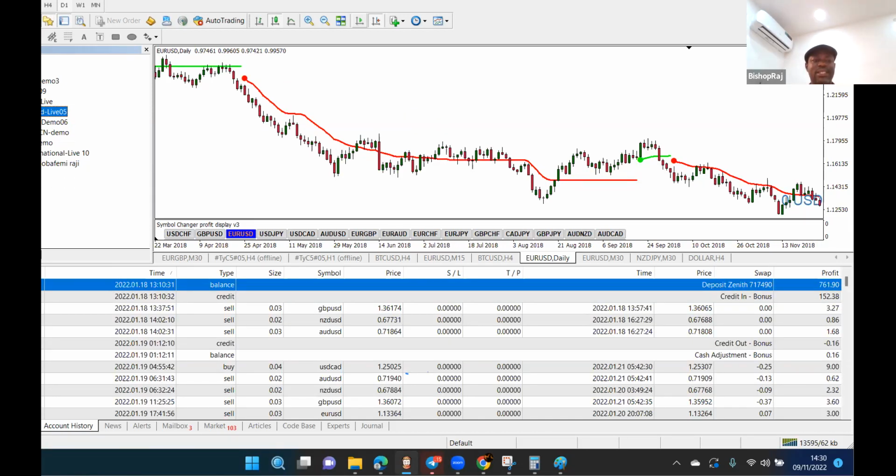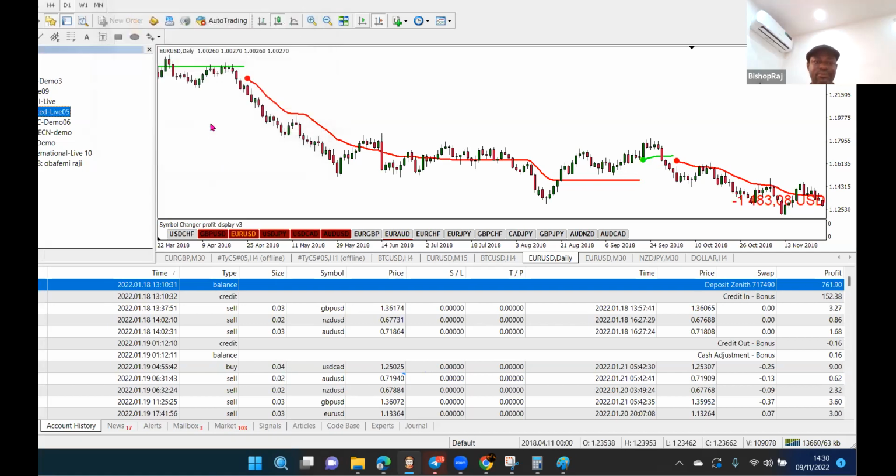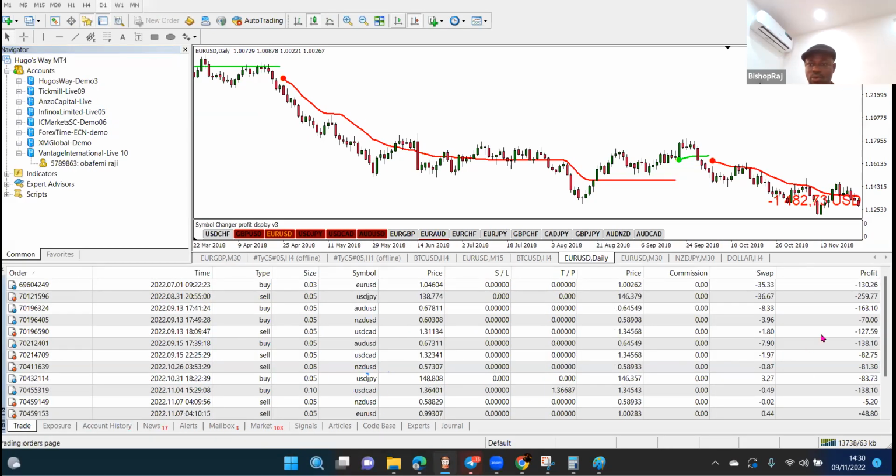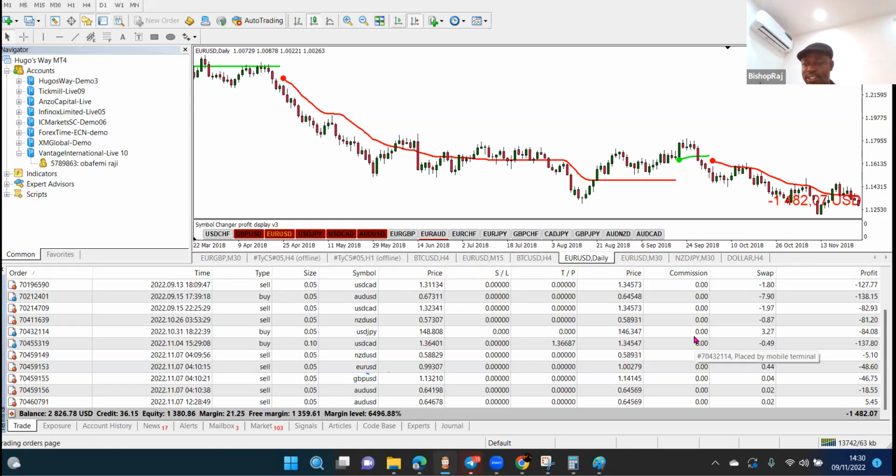This live account is in a drawdown of $1,482. If you can see beneath the screen somewhere around here, let me show you with my mouse cursor.